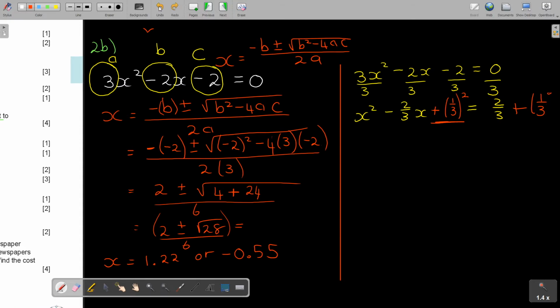Let's just get it correct. And now this is a perfect square. So I take this x, I take that sign, I take that value, and I put that square outside, and then it's 2 over 3 plus 1, and 3 times 3 is 9. And now I can just simplify this.